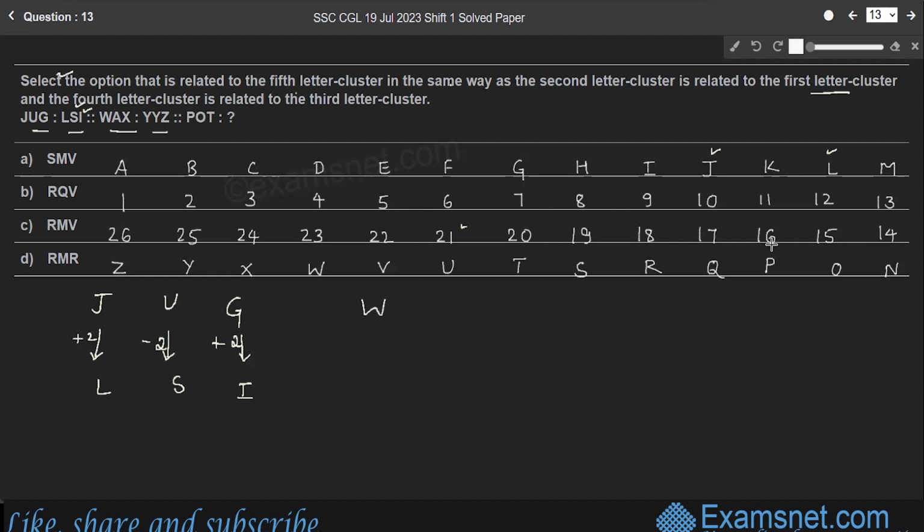The third cluster is wax, in which the first letter is W, W is 23, its corresponding letter is Y, which is 25. Therefore, W plus 2 is Y. Whereas in place of A, Y is written, so A minus 2 is Y. Whereas X is 24, Z is 26, so X plus 2 is Z.